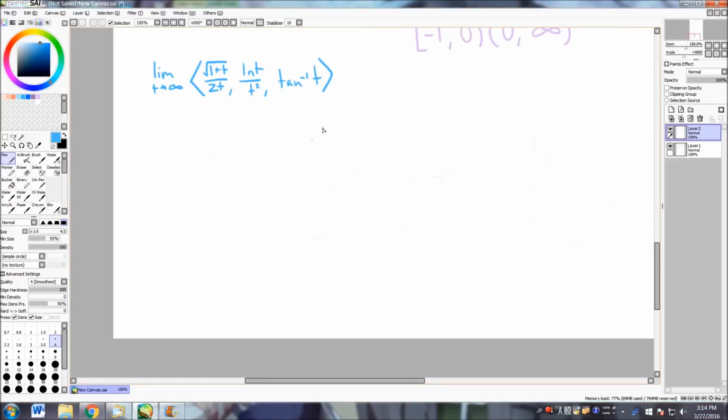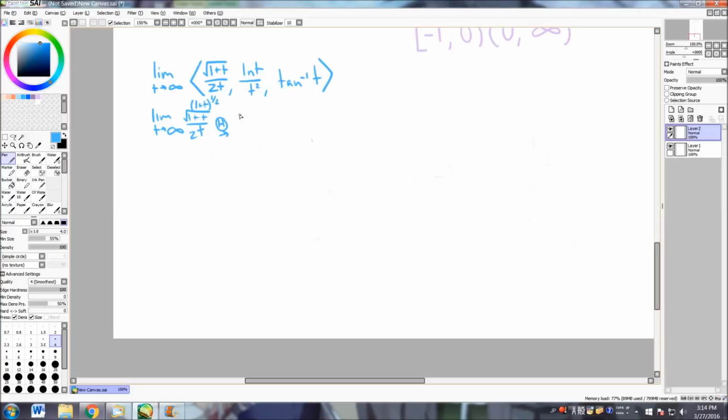Okay, let's try to find the limit of this same vector. Again, let's look at each of these components separately. Let's start with the first one: the limit as t goes to infinity of the square root of 1 plus t over 2t. Let's use L'Hopital's rule. This is basically (1 plus t) to the 1/2.